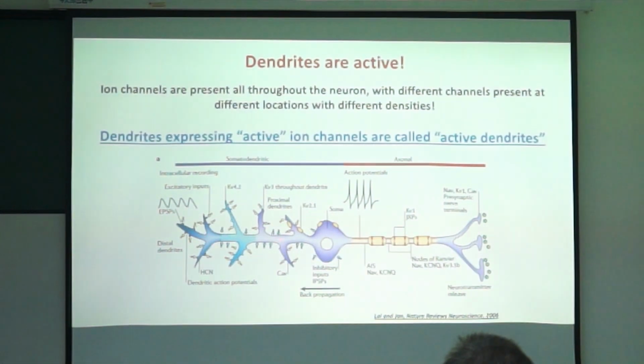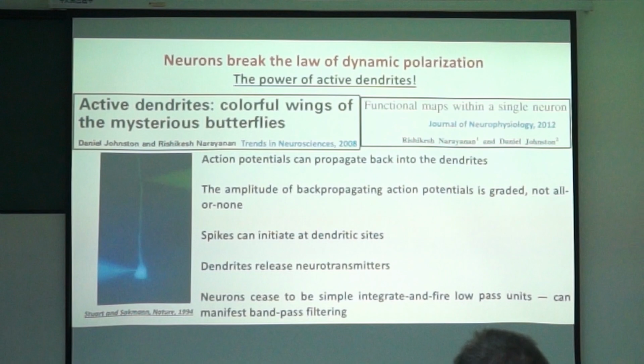And people also found that there were sodium channels here, which meant that you don't just initiate spikes here, you can have dendritic spikes initiated even at this location basically. People have asked questions about what exactly are these ion channels doing over here.